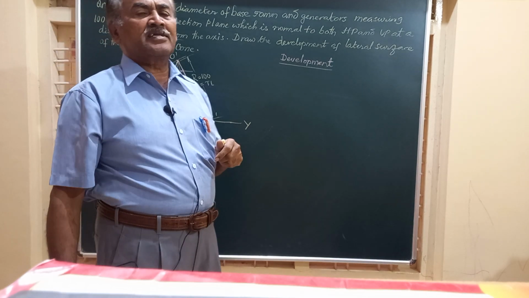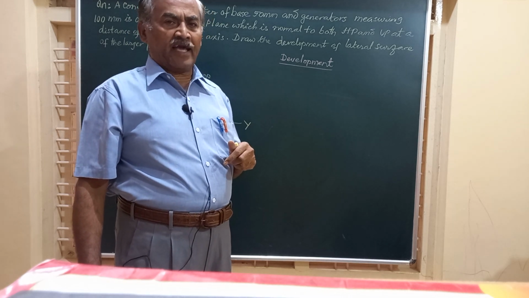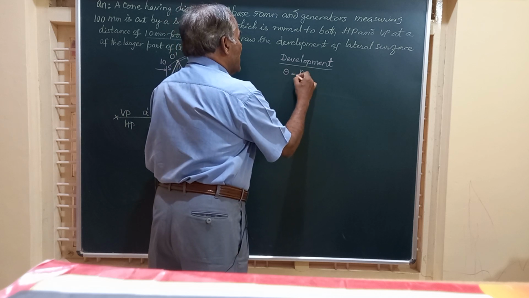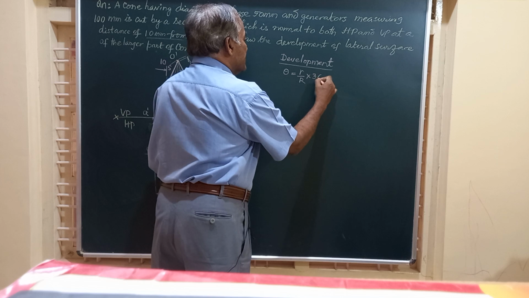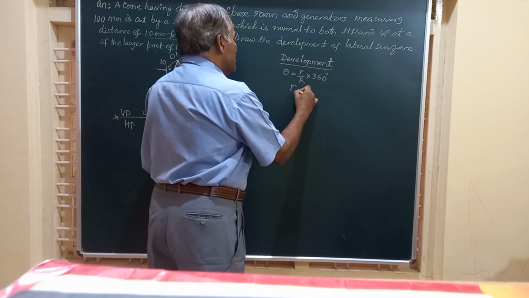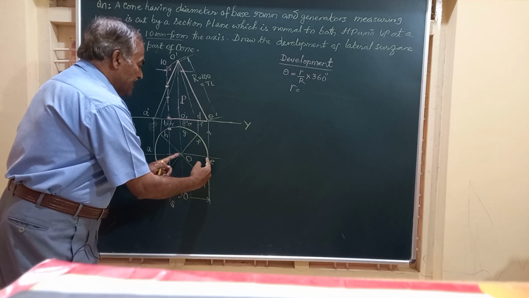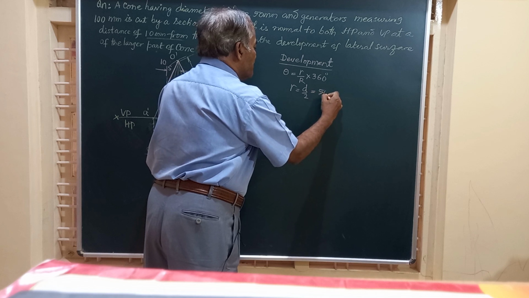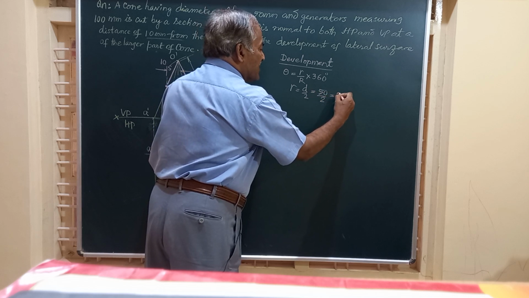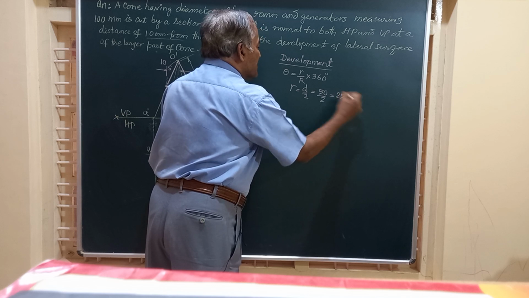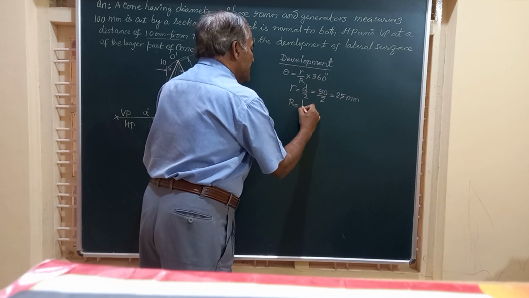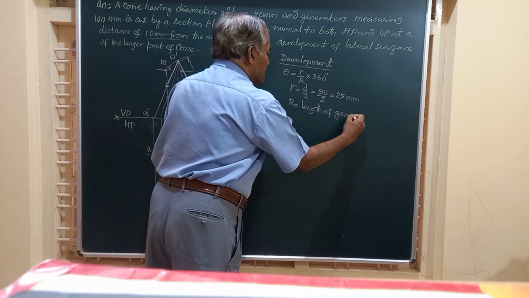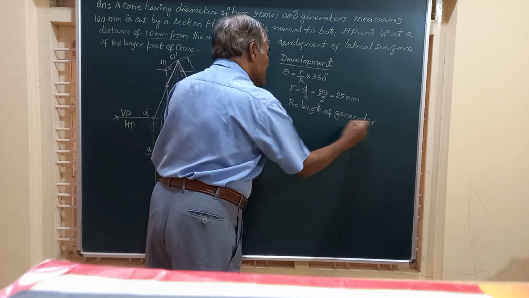Friends, before drawing the development, we need to have the subtended angle or the sector angle, which is given by the formula theta is equal to small r by capital R into 360 degrees, where the small r is the radius of the base, or the diameter by 2, diameter is 50 by 2, that is equal to 25 millimeter, and this capital R is the length of generator, and this length of generator is given in this question.